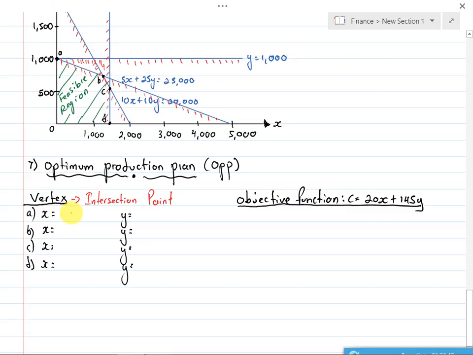X equal to 1250, and y equal to 750. Okay. C equal to 1500. X equals to 1500. Y? 500. Confirm. Here D? X is 1500, am I right? Y equals to?